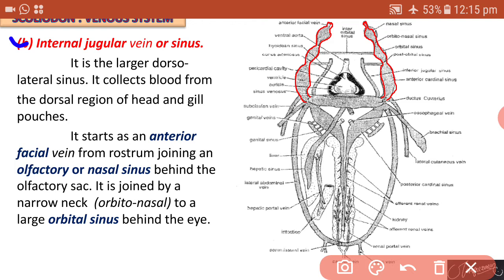These are some major branches or sinuses of the internal jugular vein or sinus.